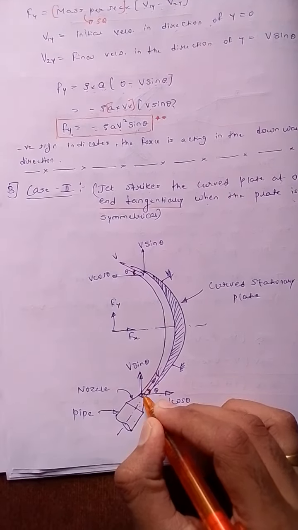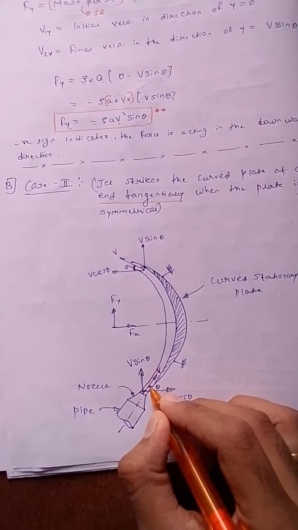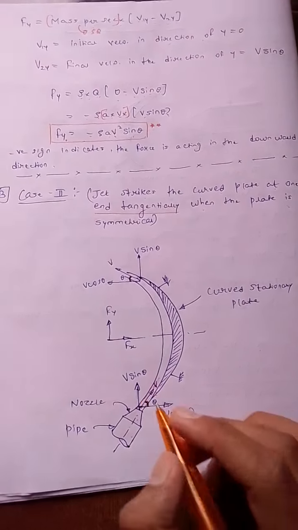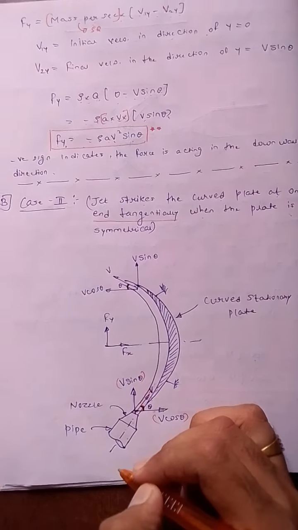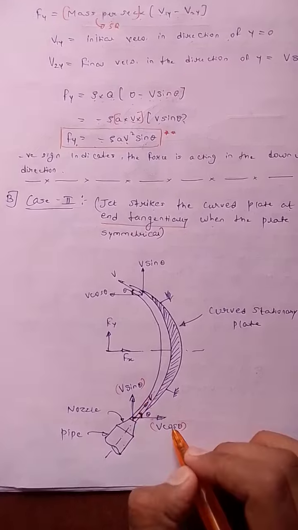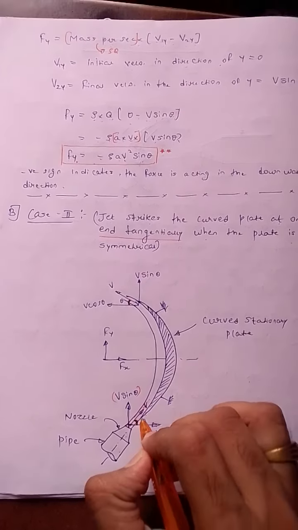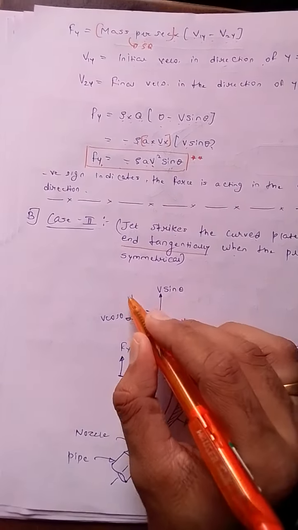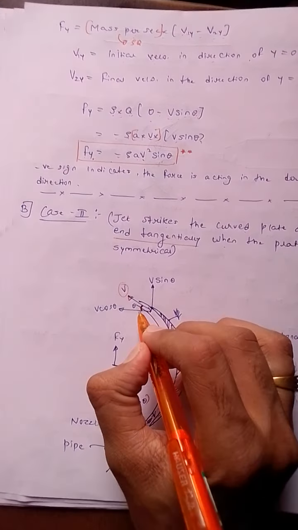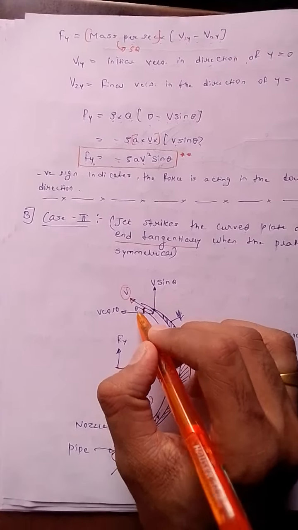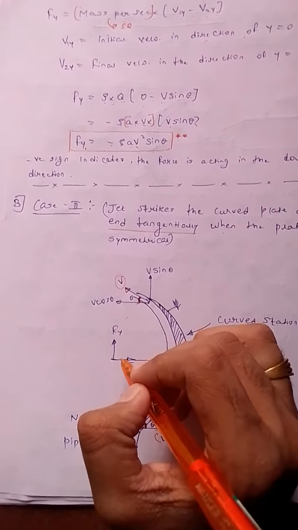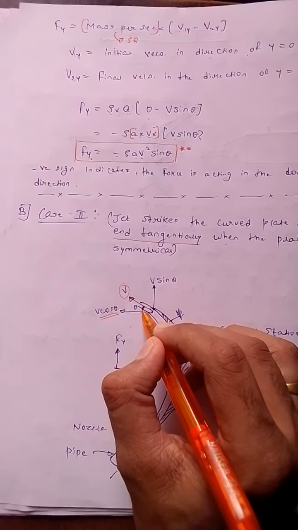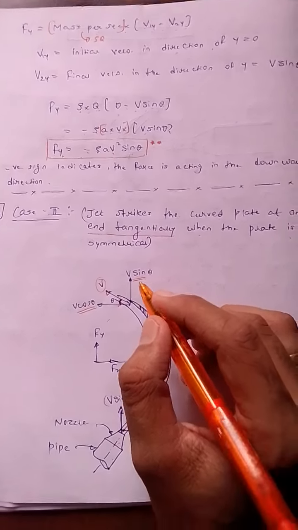We have theta with respect to horizontal, so the horizontal component will be v cos theta and the vertical component will be v sin theta. These are the components at the entering point. Similarly at the leaving point, the water is leaving at a velocity of v at an angle of theta, so again two components in the x and y directions: the horizontal component will be v cos theta, and the vertical component will be v sin theta.